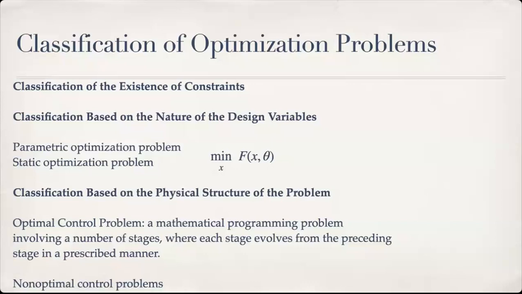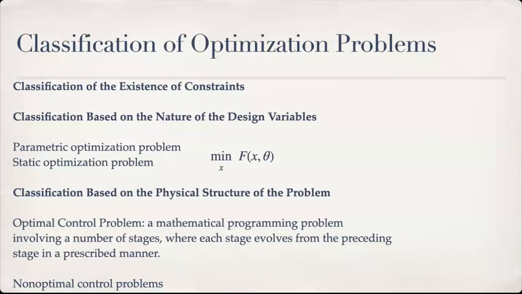I can tell you that they are the same thing. You can call them either; people know what you mean. So the point is we classify the optimization problem based on the nature of design variables or decision variables.